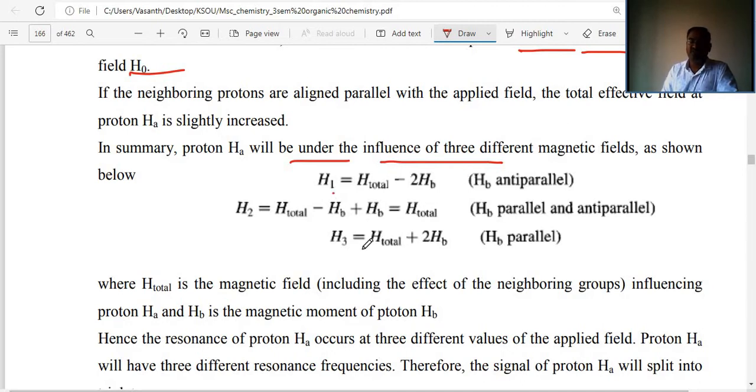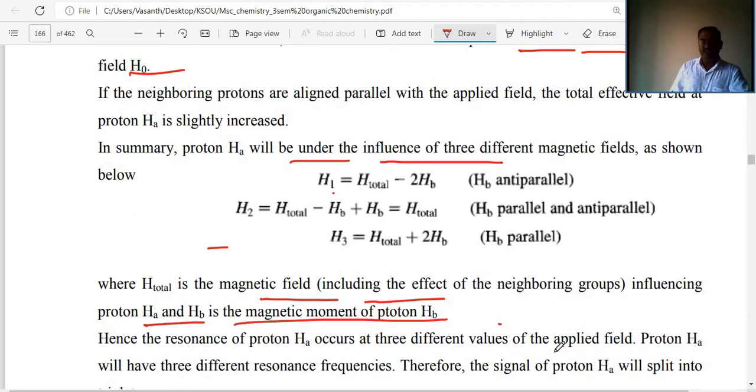H1 is H total minus 2HB. H2 is H total minus HB plus HB, which is equal to H total. H3 is H total plus 2HB. Where H total is the magnetic field including the effect of the neighboring groups influencing protons HA and HB, and HB is the magnetic moment of proton HB.